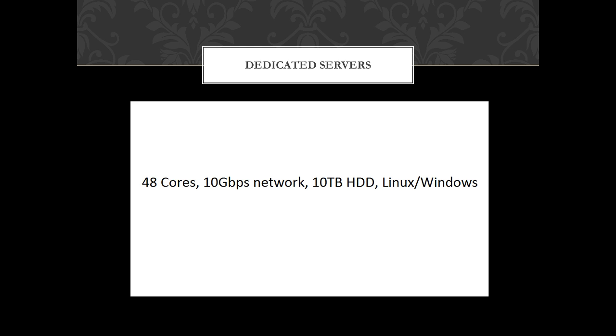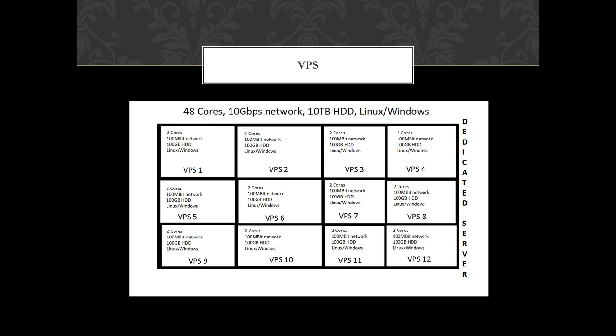Okay, so here's the thing with VPSs. Here you can see it's almost the same thing. We have the same stats: 48 cores, 10 gigabit network, 10 terabyte hard drive, and Linux or Windows, and it's a dedicated server. And here you can see a smaller box: 2 cores, 100 megabit network, 100 gigabyte hard drive, and Windows or Linux.